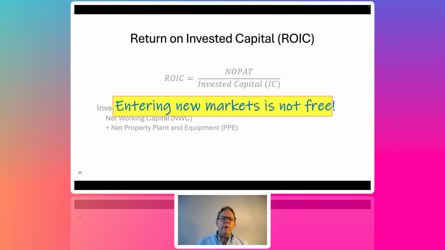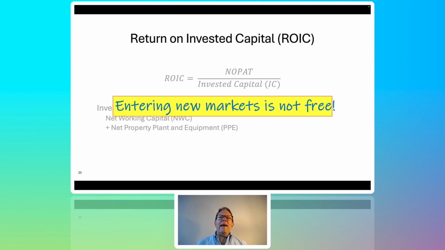All right, so entering new markets is not free. If a competitor decides that you're in a nifty business and they want to enter that business to compete with you, they have to invest money up front, probably some property, plant, and equipment, hire some employees, perhaps have some working capital to get the business running. They have to make that investment up front.